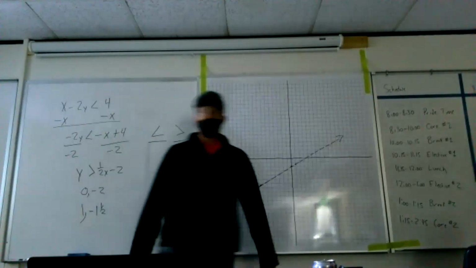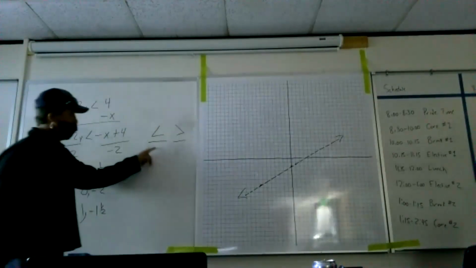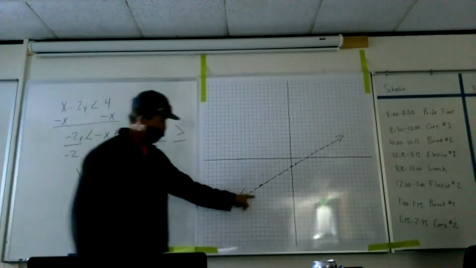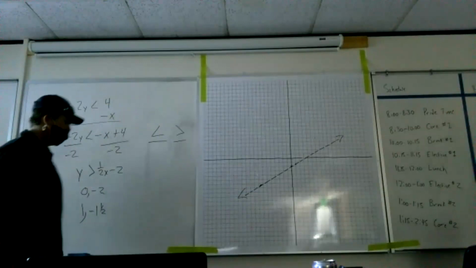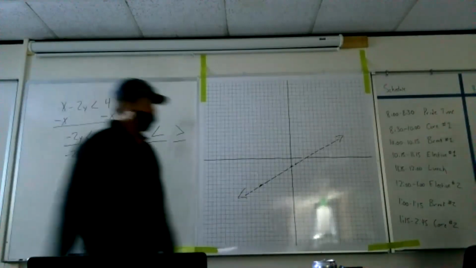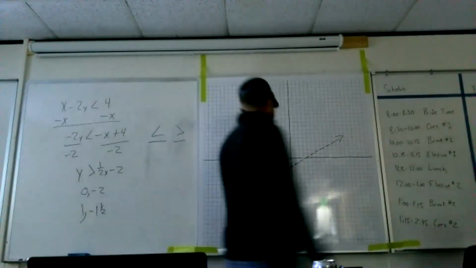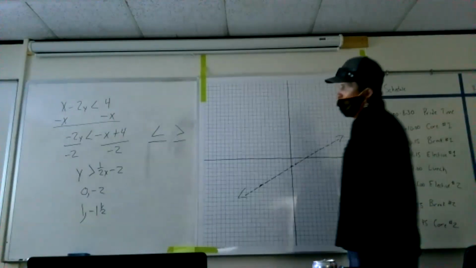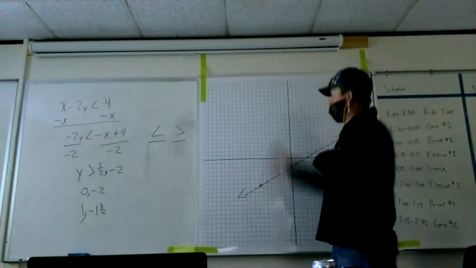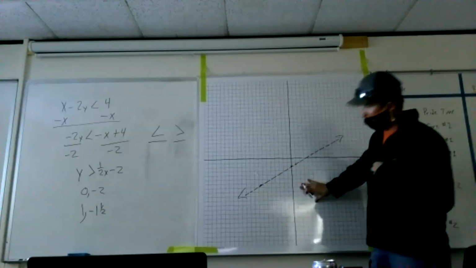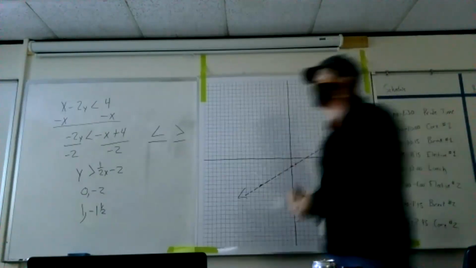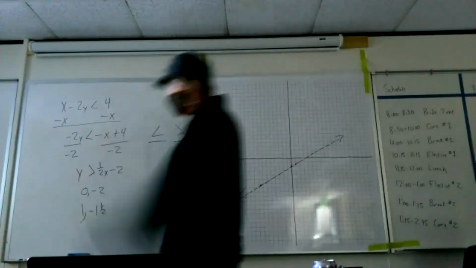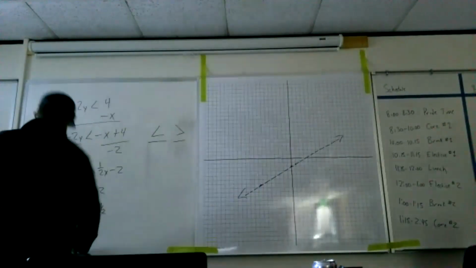If I don't have that line, I have a dashed line, similarly to the way I have now. So I've got my boundary line drawn, but now I have to ask myself a constraint. Is it this side or is it this side that makes my graph true? Because I want to circle in or shade in the points that make it true.